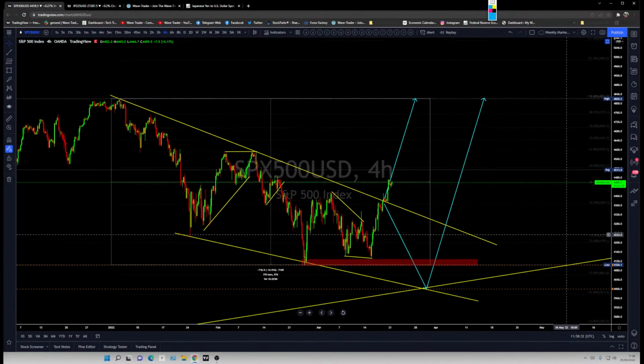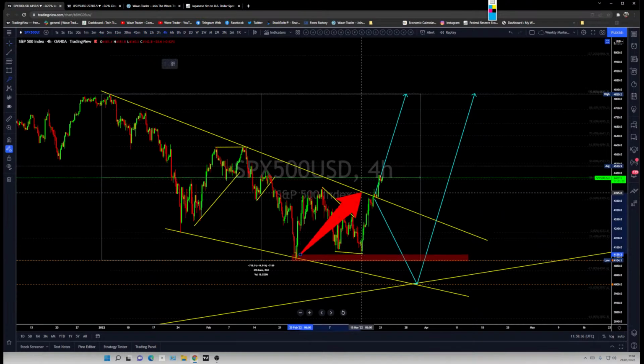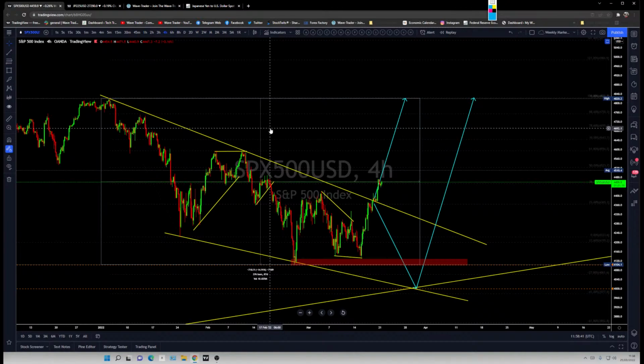So what to look for? You are still looking for continuation for more upside, so test that top. I don't think the Fed is going to damage the market.